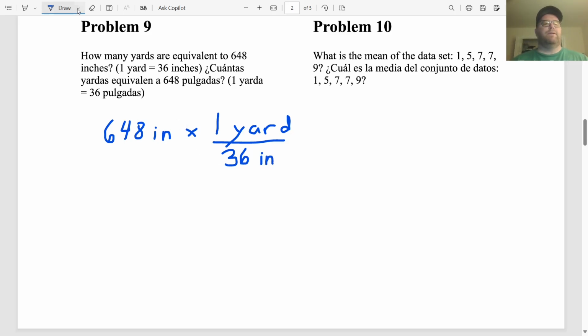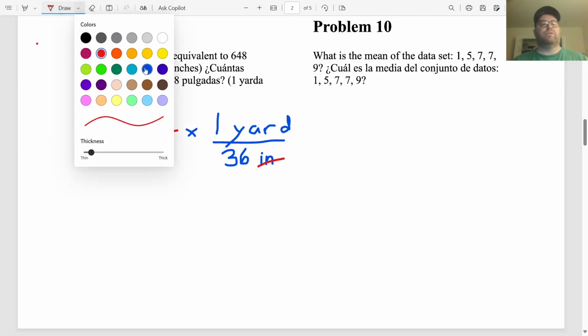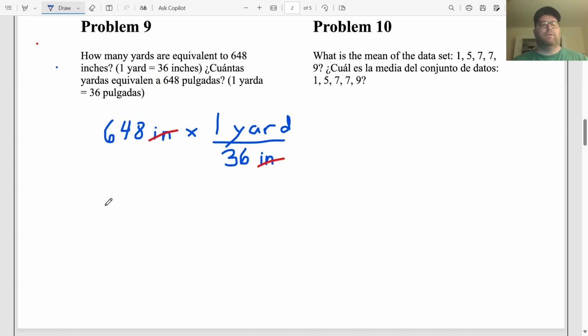Well, what's going to happen here is the inches are going to cancel out. And so you're going to get 648 times 1. That's going to be just 648. So you have 648 divided by 36.